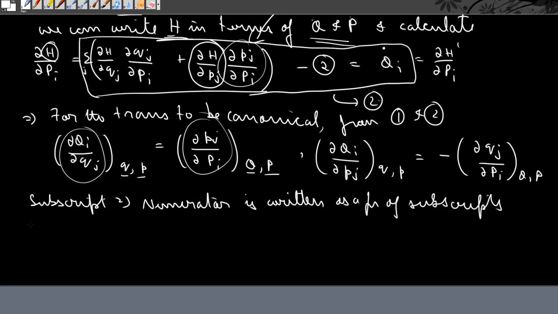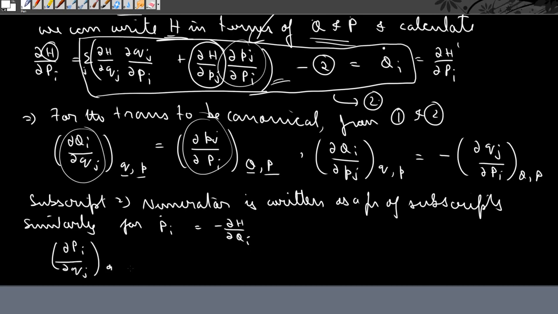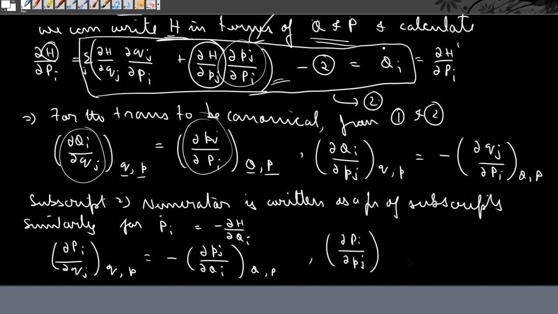Similarly, for the equation pi dot equal to minus dou h by dou qi, if we relate in the same way, what we get is that dou pi by dou qj, with pi represented in terms of the old coordinates, must be equal to dou pj by dou qi, where pj is represented in terms of new coordinates, and dou pi by dou pj with subscripts qp must be equal to dou qj by dou qi with subscripts qp.